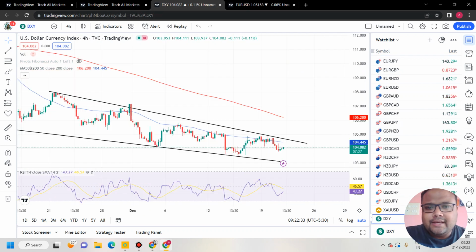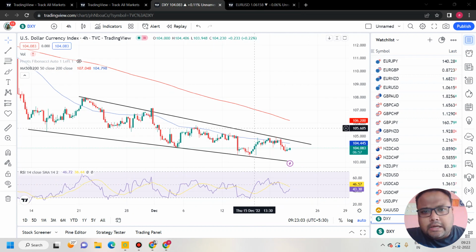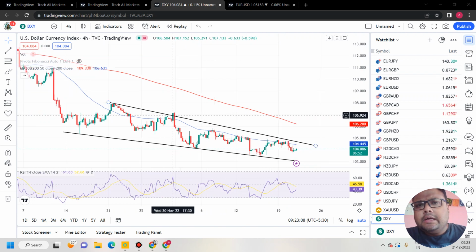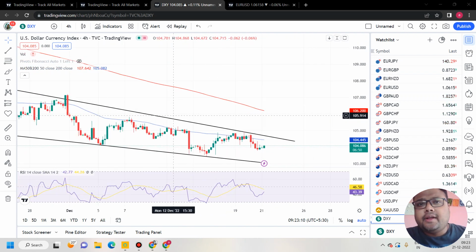If you look at the chart of DXY, it is still trading inside the wedge here, and I don't think DXY will be going for a trend reversal, because for a trend reversal or a proper breakdown, market needs volume, and if there is no volume in the market, then obviously breakout will be very difficult.